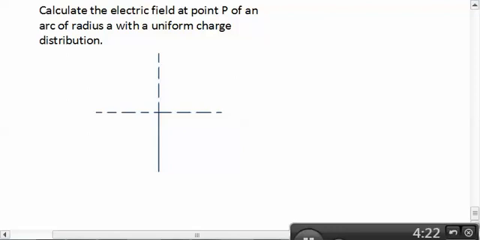Alright, so I'm making just a dotty dot dot coordinate system there. And that's a circle, not an arc. Let's put point P right here.